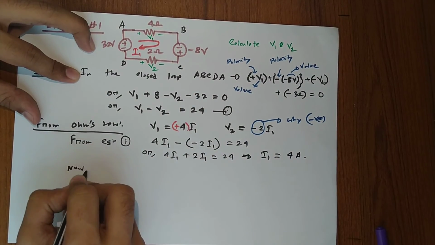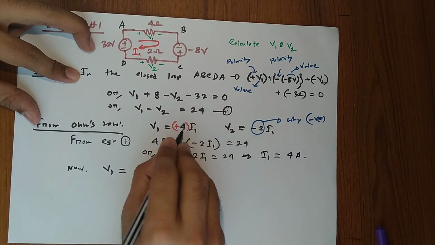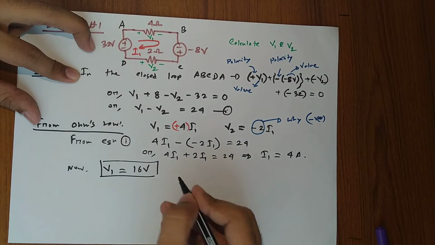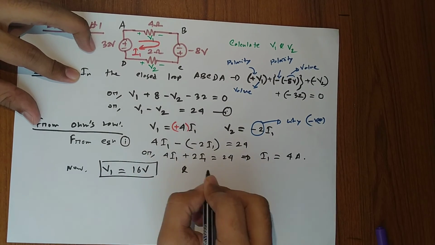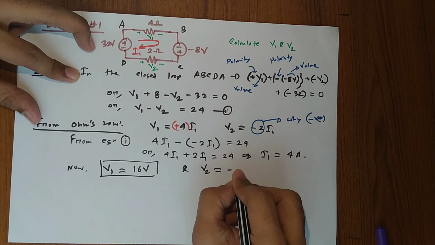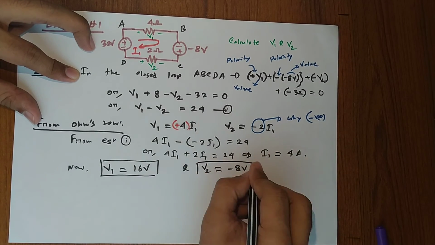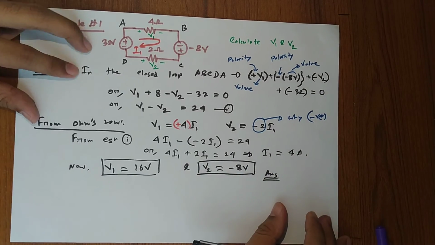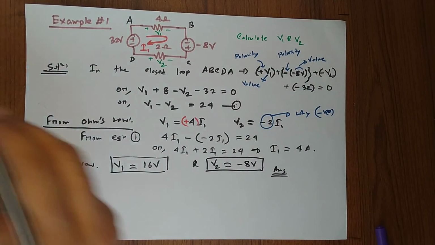So now what is V1? V1 is 4 times 4, 16 volt. Okay, V1 is 16 volt, and V2 is minus 2 times 4, minus 8 volt. I hope you have understood this example.